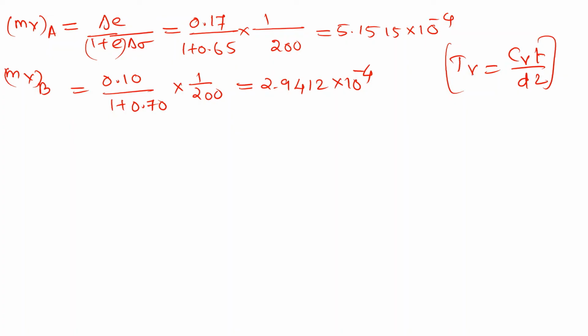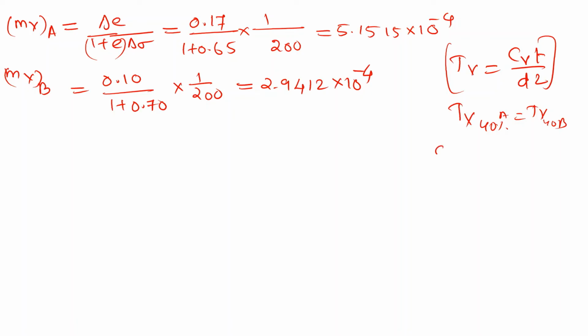To reach 40 percent consolidation, sample A will take 1 by 4th of the time that B takes. Because the consolidation is the same, the time factor for 40 percent consolidation of A should be equal to that of B.